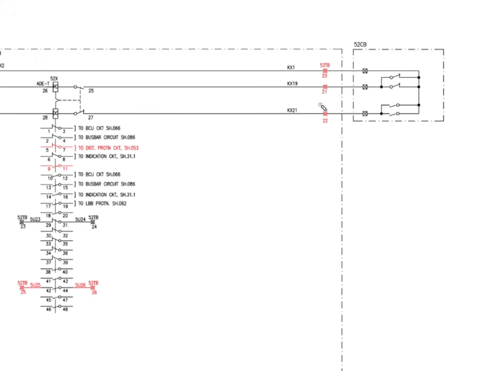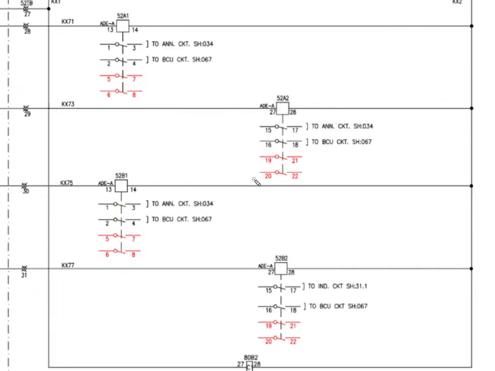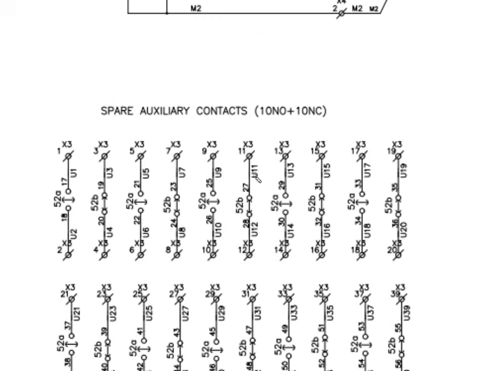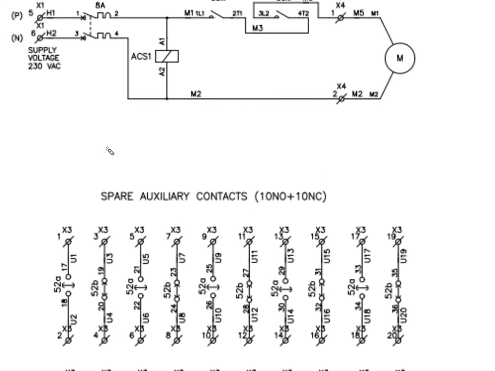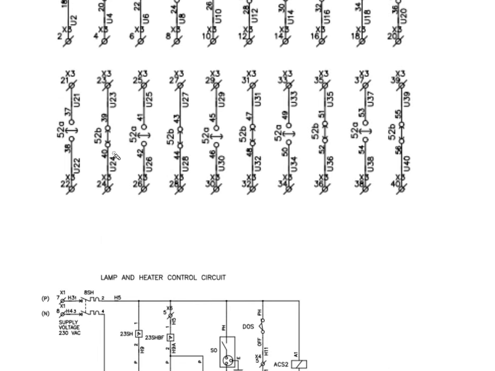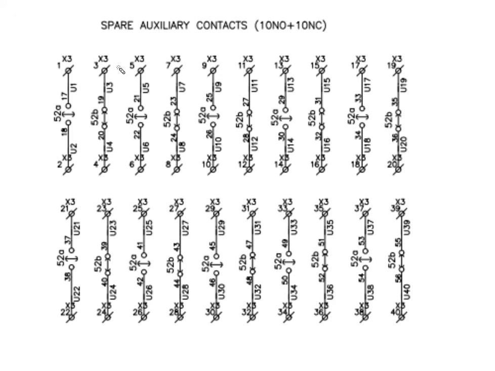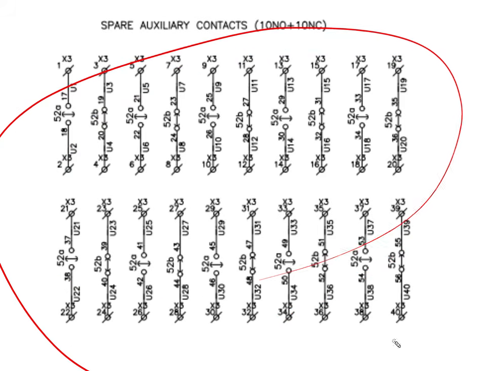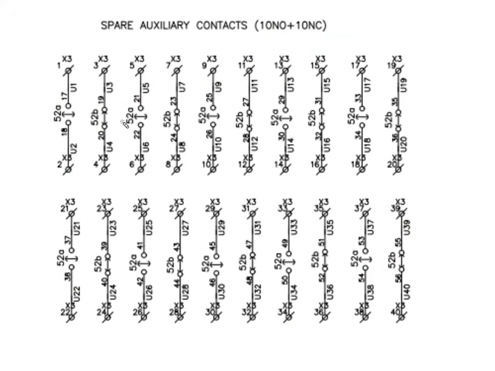Okay, so now we'll see what points are given from this circuit breaker. Okay, so we'll open the circuit breaker contacts. We'll use the pair contacts for the CB on off status. So these contacts are shown when the breaker is in the off position. So we will need one contact.